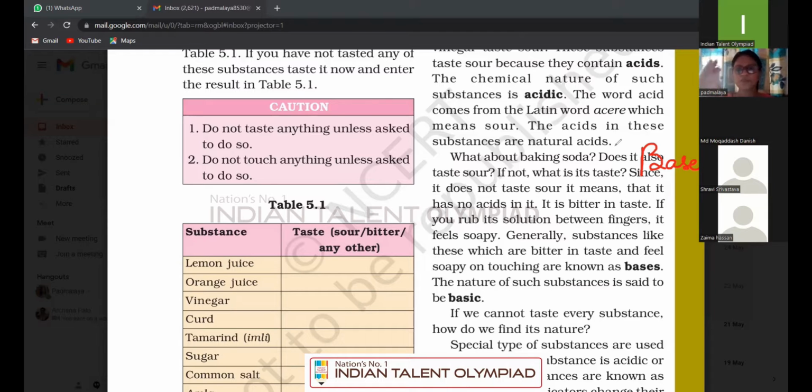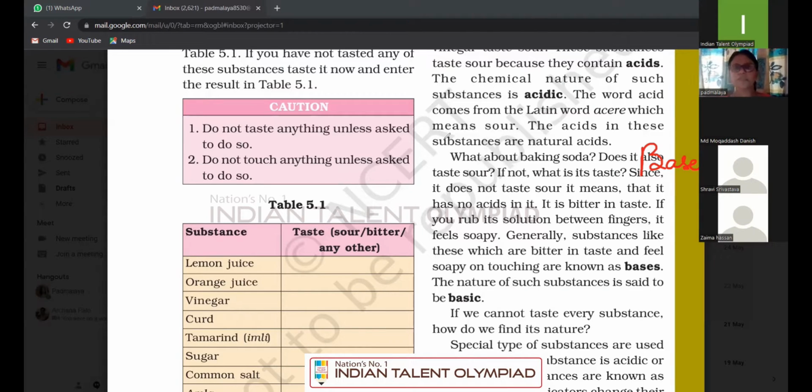Slippery to touch means when you touch that, you will feel it slide over. So all the substances which taste bitter in nature and which are slippery to touch are called bases, and they are called basic compounds.